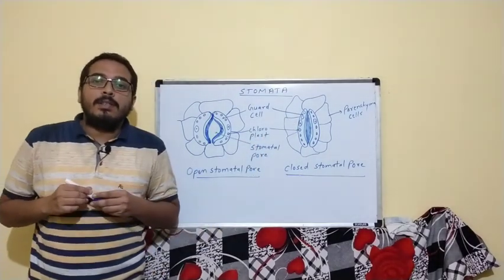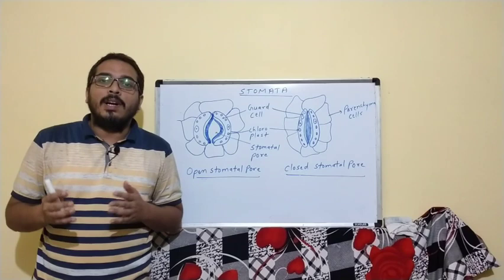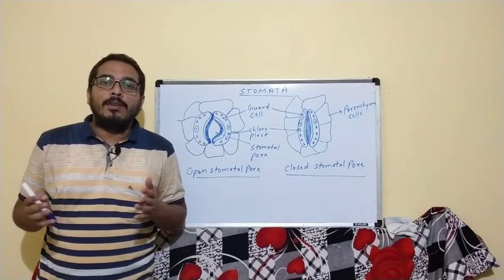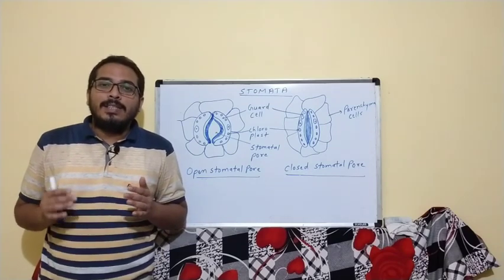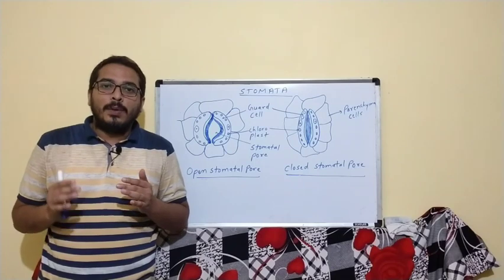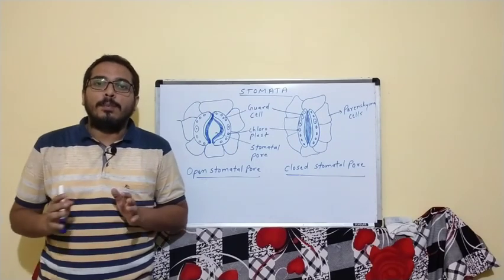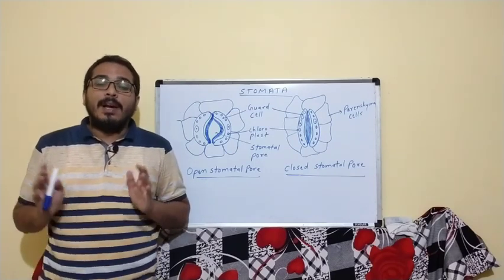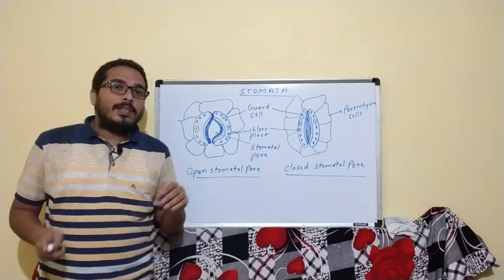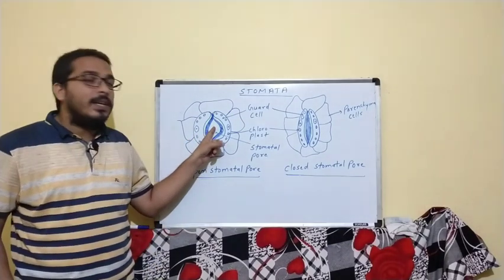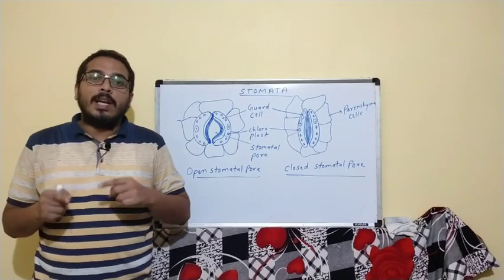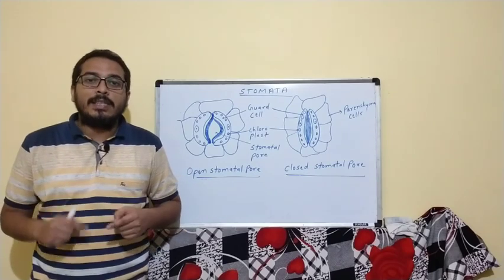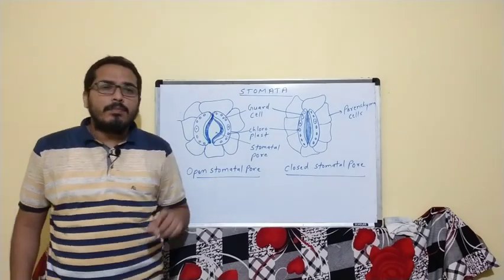Guard cell means, you know about a guard. What is the work of a guard? A guard protects a particular home or house. Am I right? In the case of guard cells, with their help, oxygen and carbon dioxide can be exchanged in the plant.